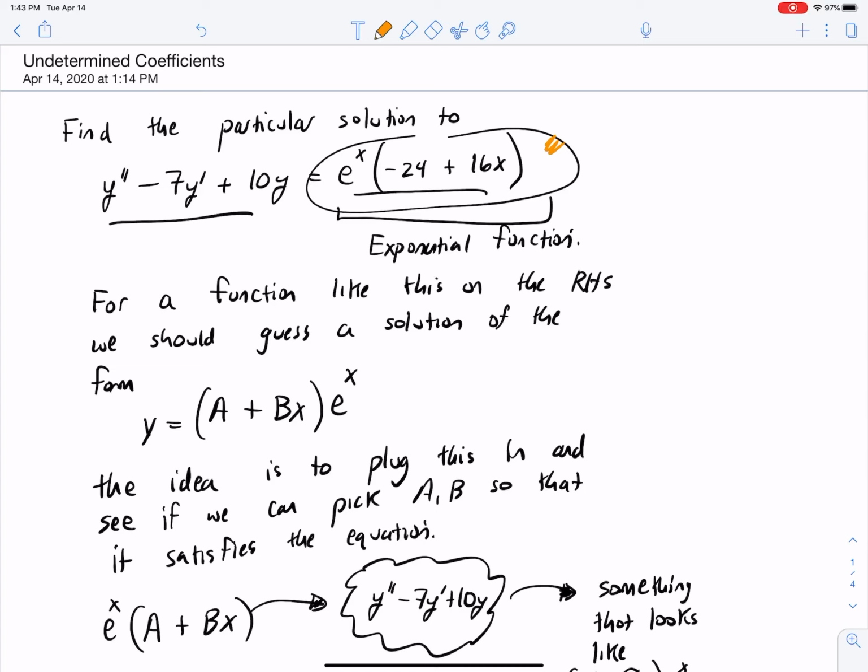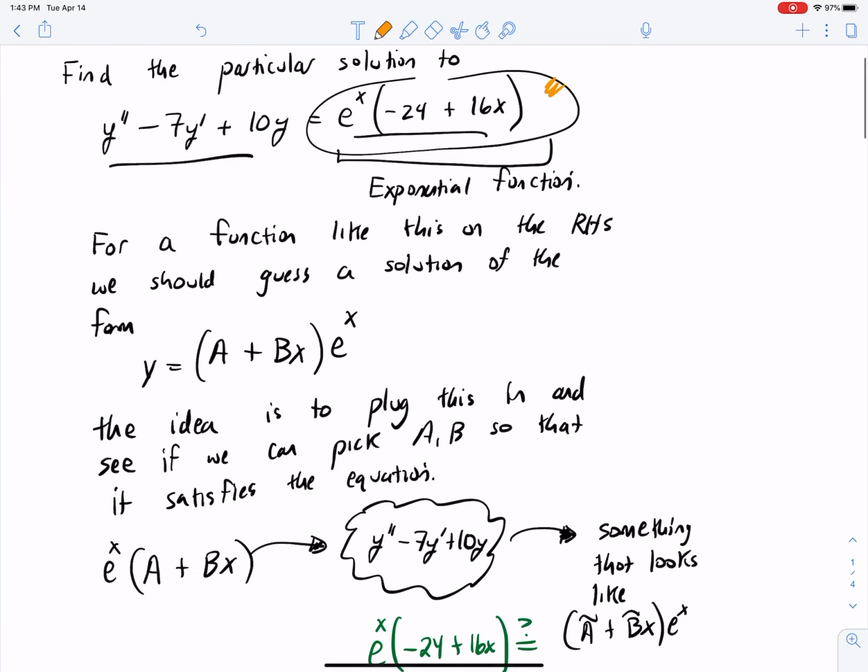It takes a bit of practice to get good at making good guesses for these. But the idea is that for a function of this form, I want to guess something that looks like this. The A and B here, we're going to end up solving for to find that one particular solution.